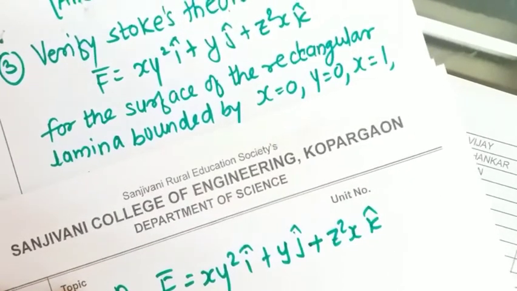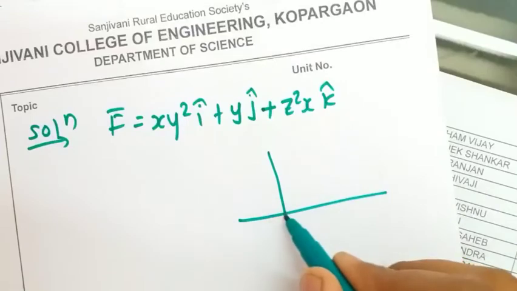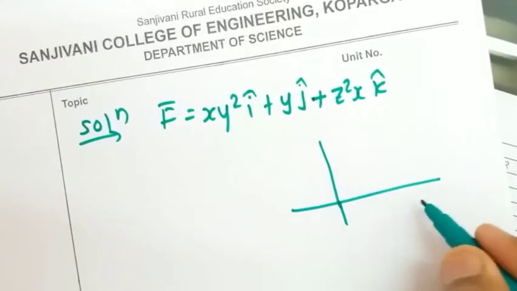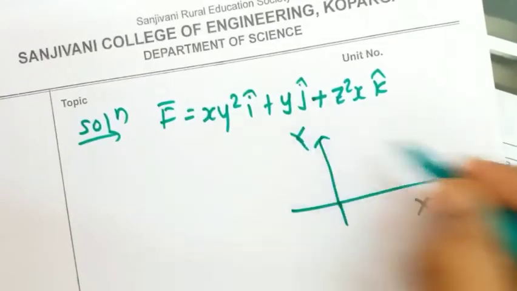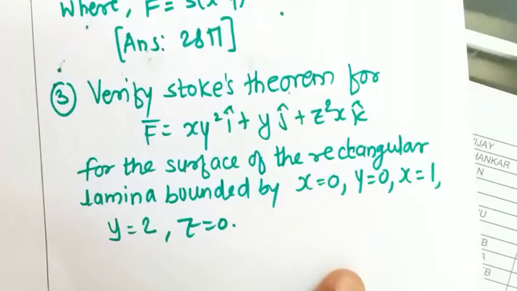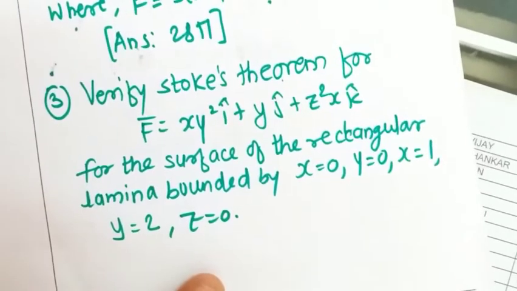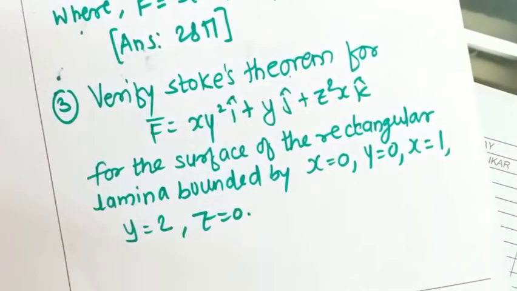This is the f bar, and the region we require is a rectangular region bounded by x equal to 0, y equal to 0, that is the x and y axis, up to x equal to 1, y equal to 2, and z is totally 0, that is z equal to 0, meaning it is in the xy plane.